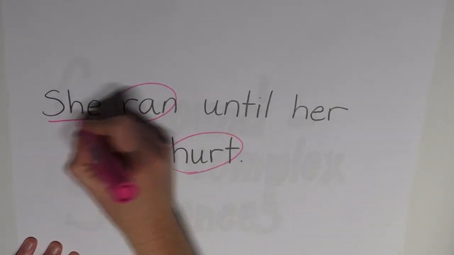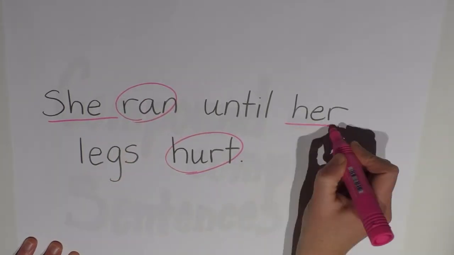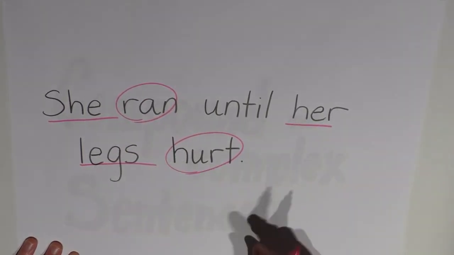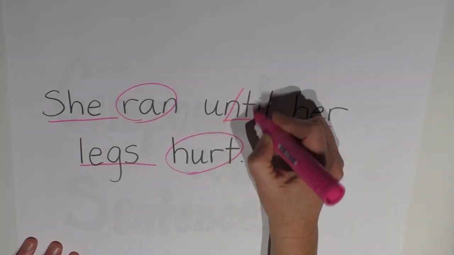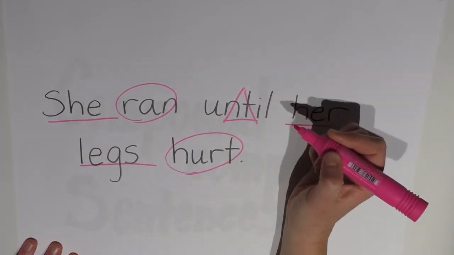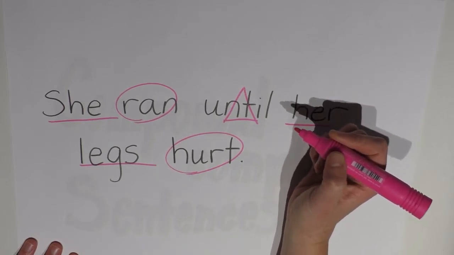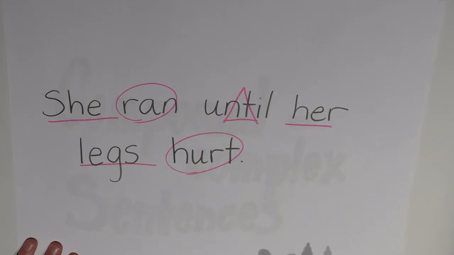Who ran? She ran. What hurt? Her legs hurt. Okay, yes, there's two verbs, two subjects, and that leaves just until, so until must be our conjunction. Well, it's not part of fanboys, so it's not a coordinating conjunction. So we're going to ask ourselves the question, does it answer one of our adverbial prompts, such as when or where or how, or giving us a likelihood?